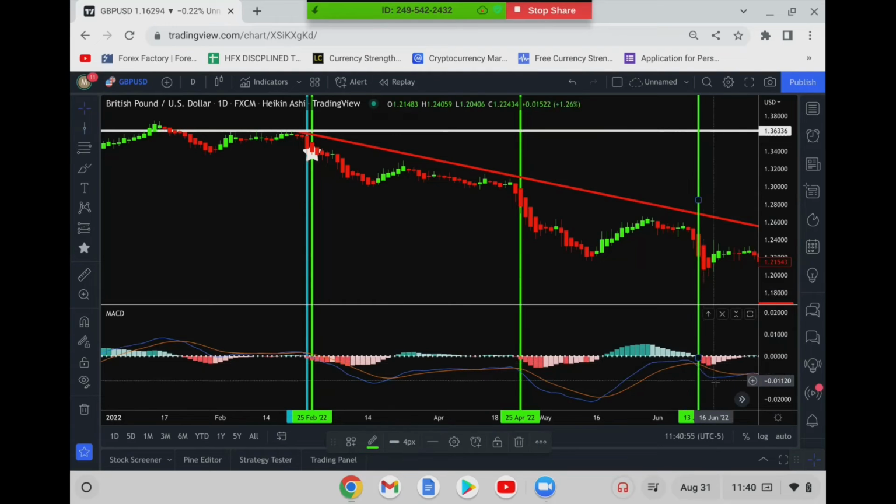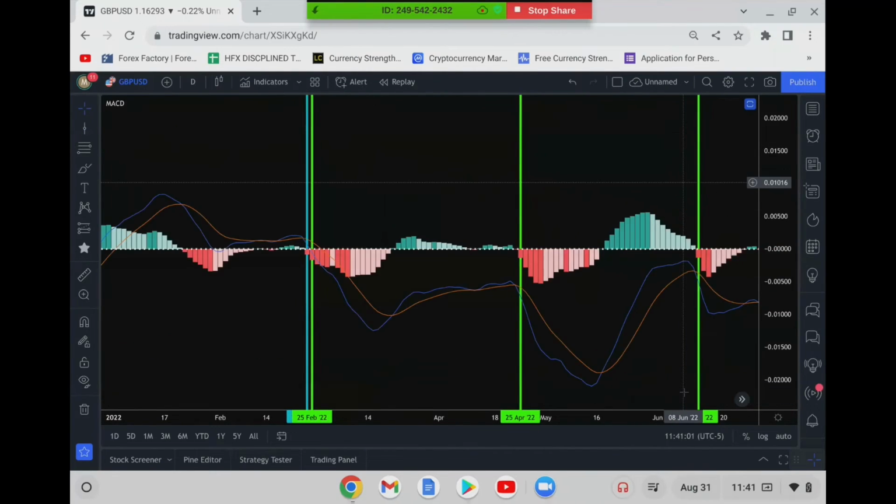Actually, it was on this candle. If we take a look at the MACD, we had our blue MACD line crossing our orange signal line. We had our red histogram bar pushing away from our baseline. We still have our MACD and signal line below our baseline.